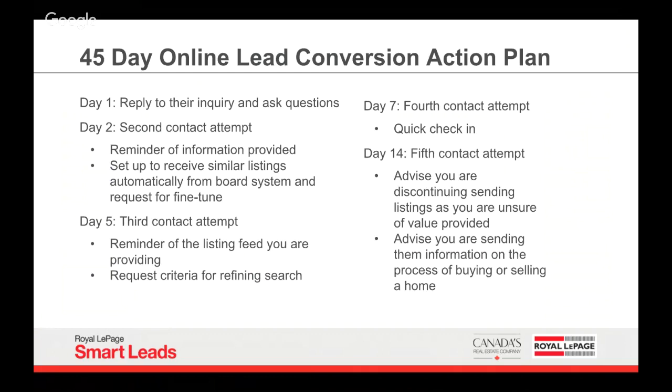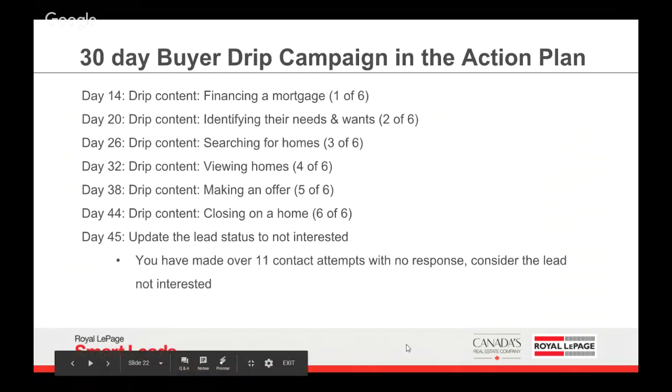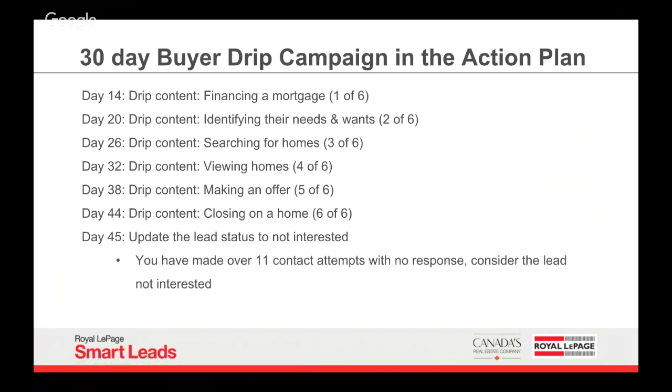Now, the information that you would send them would be from a drip campaign. So here's an example of our 30-day buyer drip campaign and its timing within the action plan. So the first day, they're going to get information about financing a mortgage.